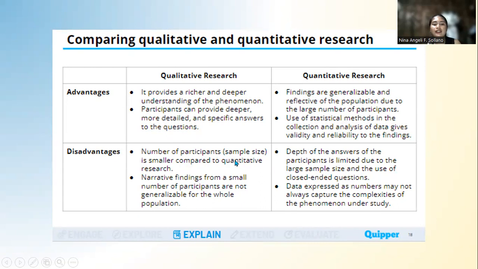Okay? And the quali findings, from a small number of participants, are not generalizable to the whole population. Unlike in quanti, where you are going to express numbers, okay? It may not always capture the complexities of the phenomenon under study, okay?